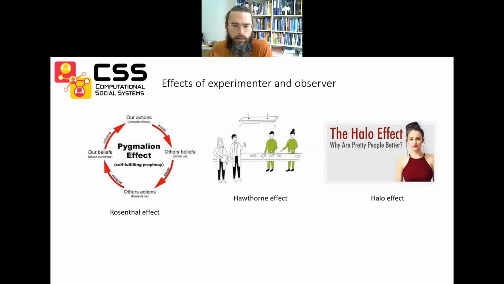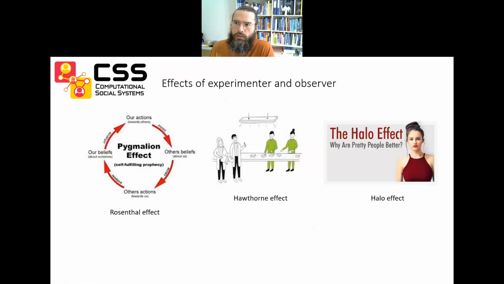Here we also have, once more, to conclude today's presentation, a list of three quite famous experimenter and observer effects. The first one is the Rosenthal or Pygmalion effect. What does that tell us?